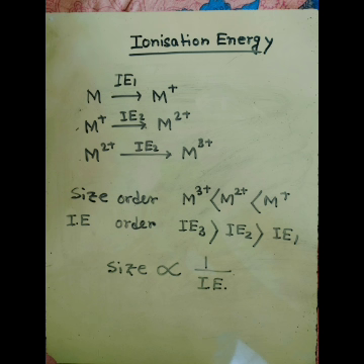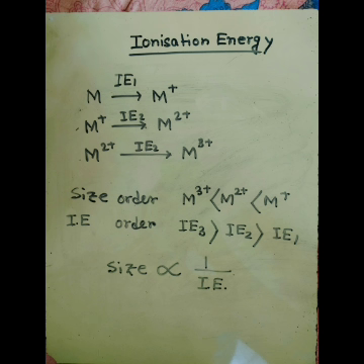After removal of one electron, the atom transforms into a cation. For example, consider M as the atom, and you supply some amount of energy to remove an electron. After removal of the electron, it becomes M+, and the amount of energy required for removal of this electron is known as first ionization energy.